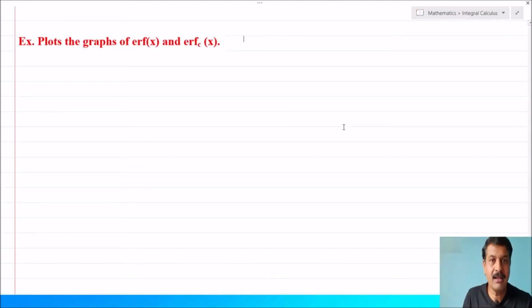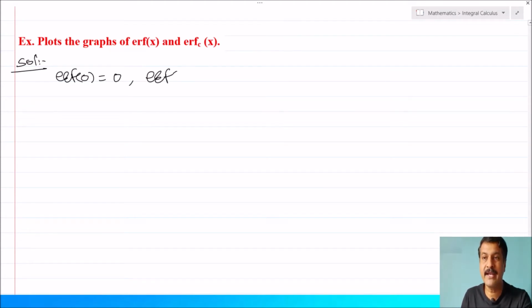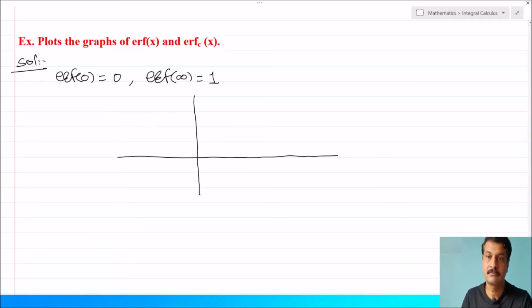So here, for example, plot the graphs of error function of x and complement of error function of x. So very simple way we can plot these graphs. As we know, the value of error function of 0 is equal to 0, and error function of infinity is equal to 1. So it means that from x equal to 0 to infinity, we will get the values from 0 to 1. For example, here this is the x axis, this is the y axis.